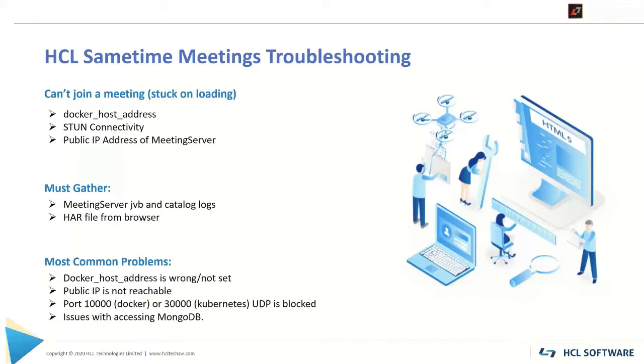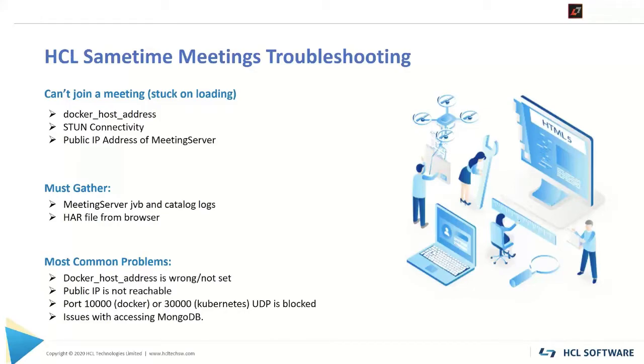If for some reason I have set a Docker host address, that is set in the custom.env file and is an optional setting. Most of the time we want it left empty. If it's left empty, then the STUN connectivity is used.